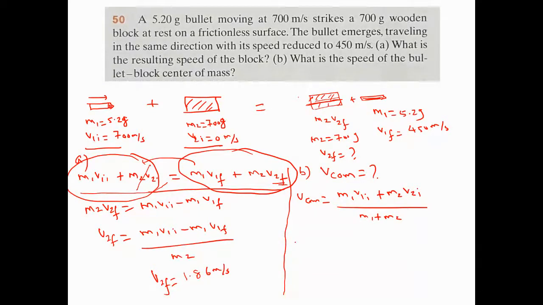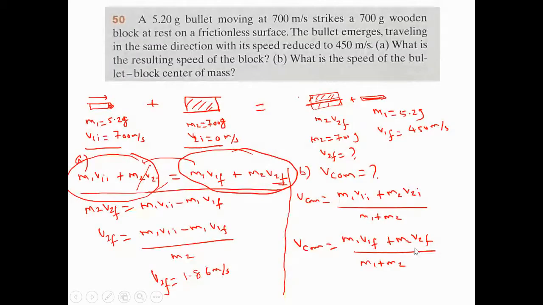What is the right hand side? V center of mass is equal to M1 V1f plus M2 V2f over M1 plus M2. Am I right? Of course, teacher, you are right.